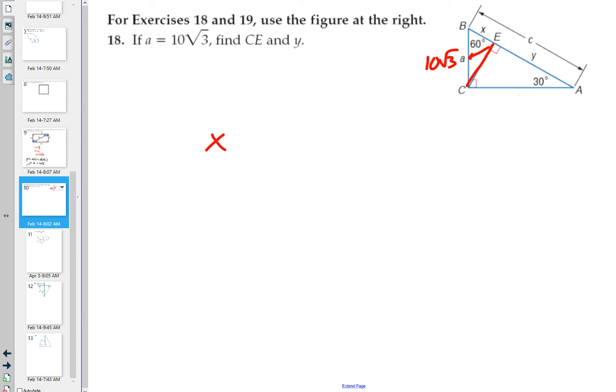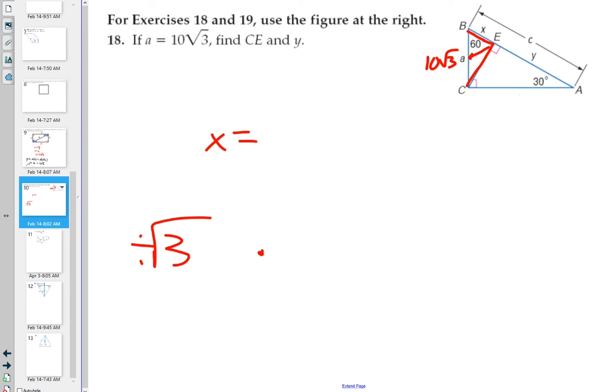So let's first find x. X is the short leg on the little baby triangle there. How do I go from long leg to short leg? You're supposed to divide by the square root of 3, but I also gave you another option, depending on what number they give you, to try to avoid a nasty little skill known as rationalizing a denominator.